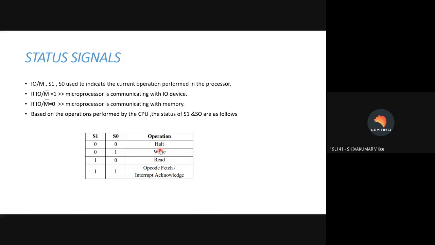When S1 is 1 and S0 is 0, it is performing a read operation, reading data from memory. When both S1 and S0 are 1, it is fetching the opcode, that is, fetching the program from the memory. Okay guys, am I clear?